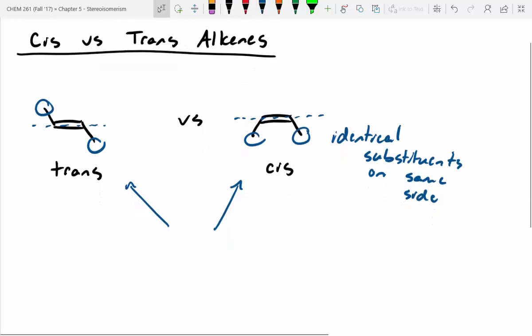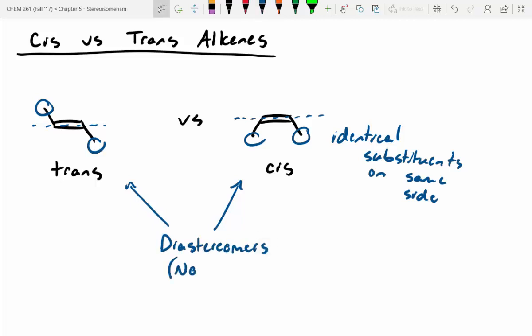Are they enantiomers, diastereomers, constitutional isomers, identical? I would say you still have a methyl group coming off of carbon 2 and a methyl group coming off of carbon 3 for each of them. Diastereomers, right? Because they're not mirror images.